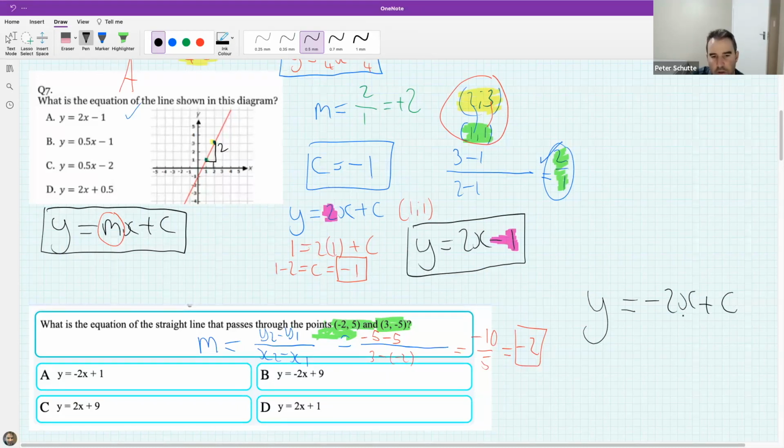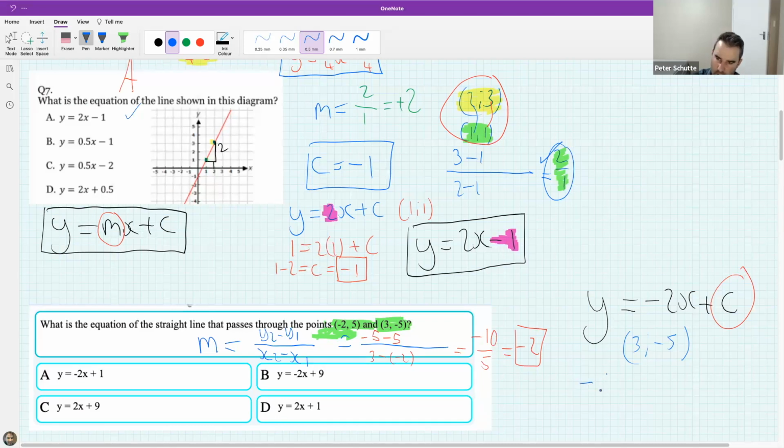Now, because we don't have a picture in this one, in order to find the value of c, which is the y-intercept, we need to do something. What we do is we choose a point that is on the line and we sub it in. So I'm going to choose the point (3, -5) because it looks easier to me, but you could have chosen the other one. If you sub this point into this equation, which option do you think is correct?